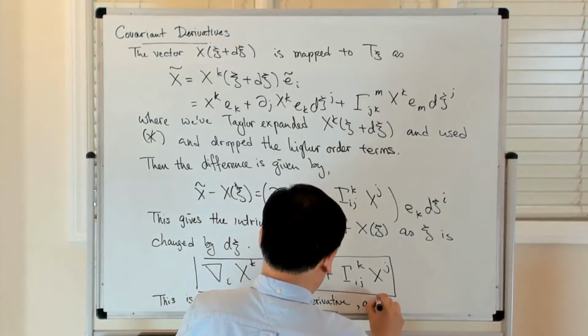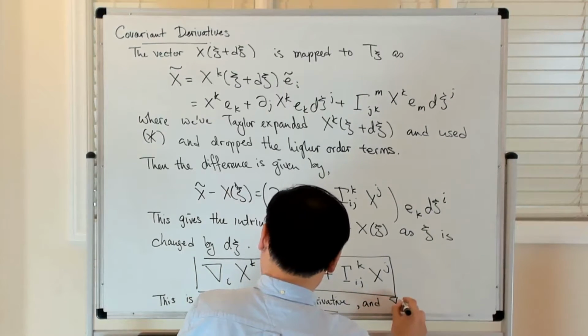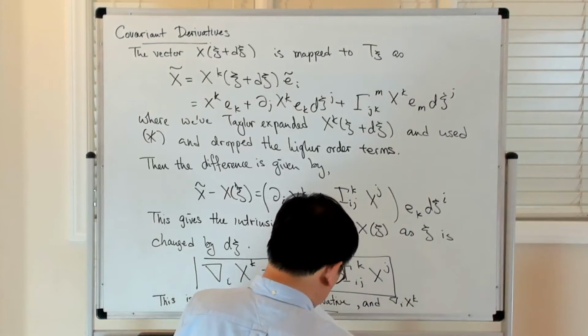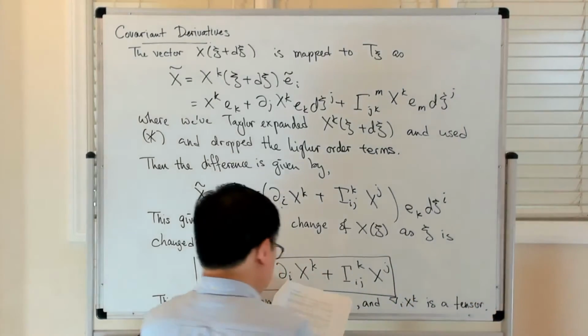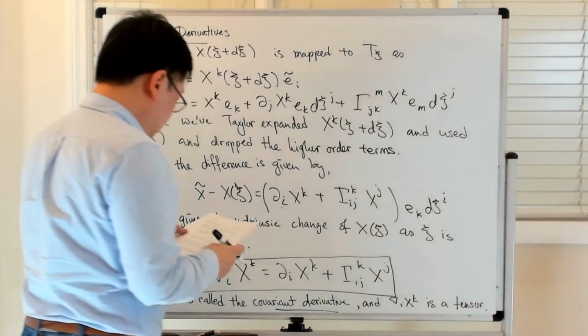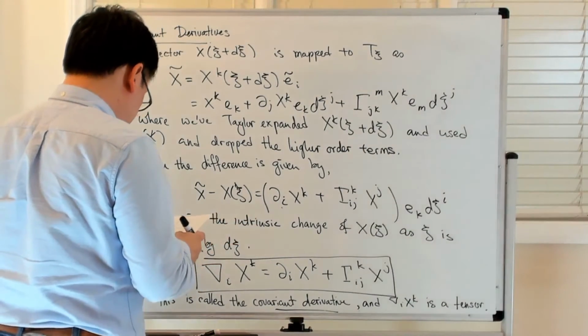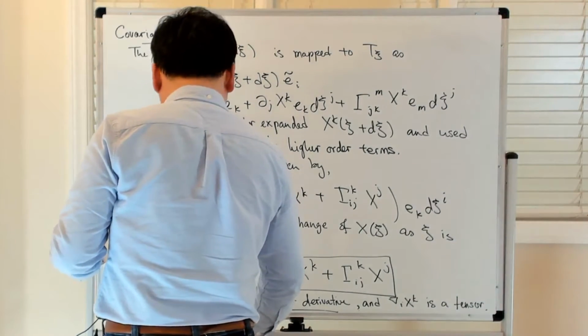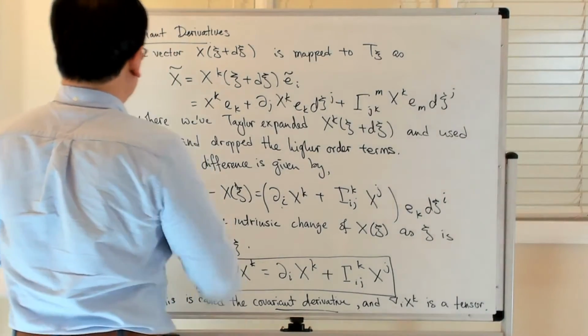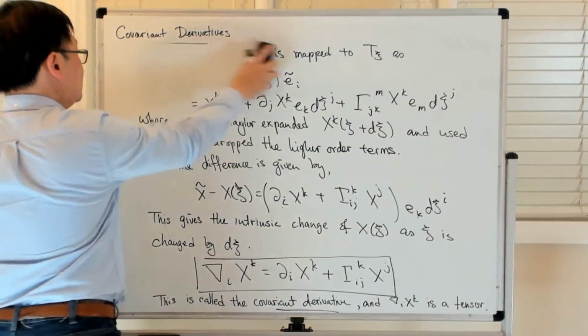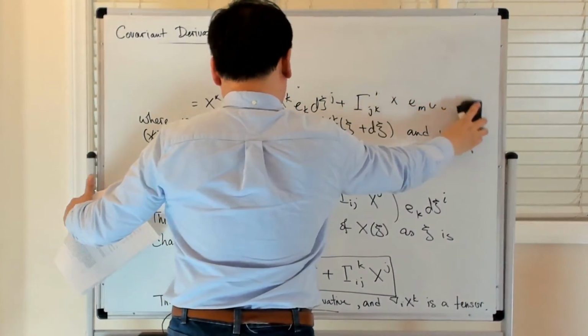And as I said, nabla_i x^k is a tensor, which again means that it transforms in this tensorial fashion. All right. So now let's look at what happens if you add a second vector field to the mix.